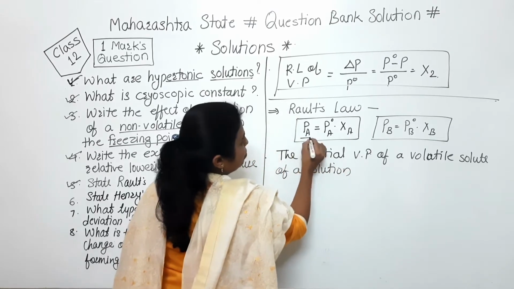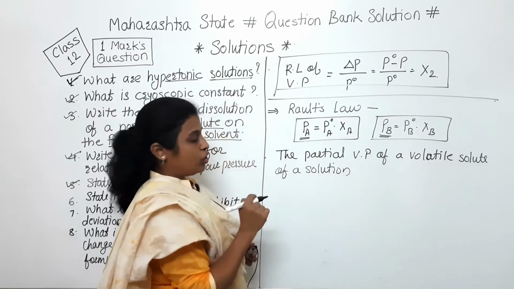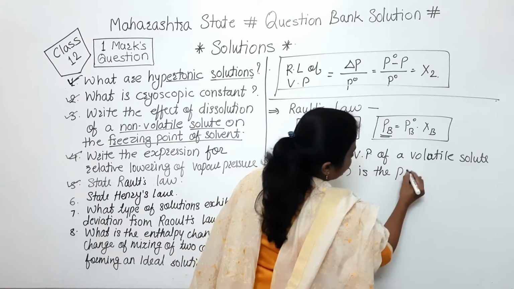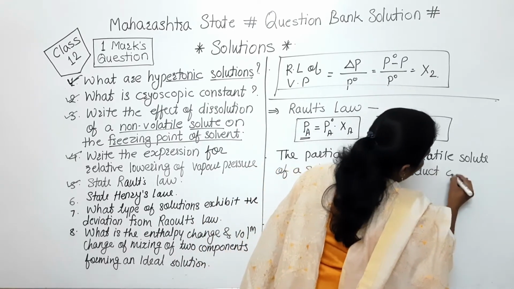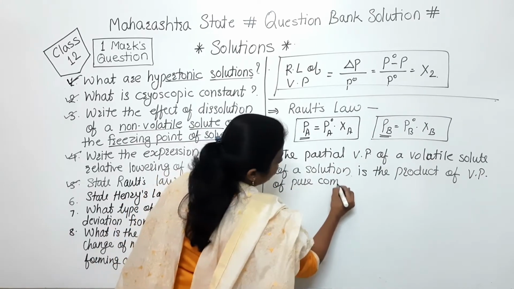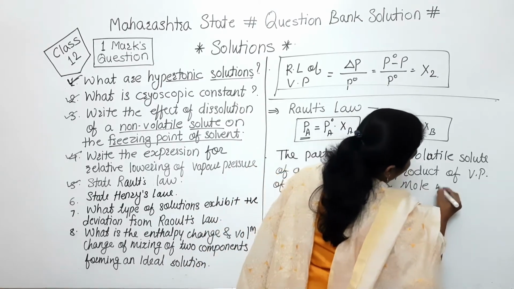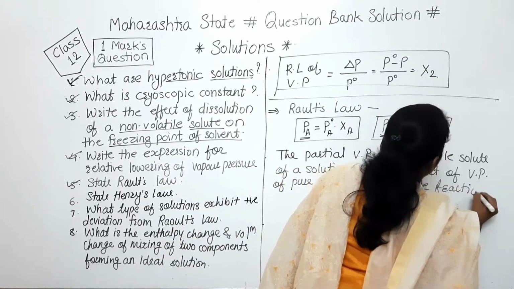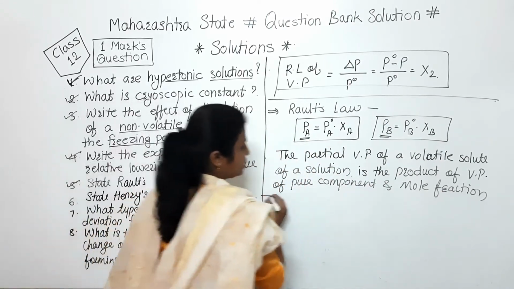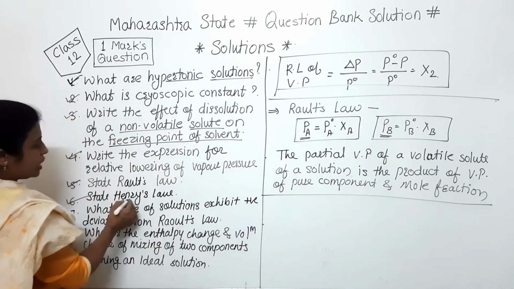So see here, PA and PB, these are the partial vapor pressures of volatile solute of a solution, is the product of vapor pressure of pure component and mole fraction. So based on this statement, we have written the equation also, and this is the final statement of this Raoult's law. Next one is Henry's law.